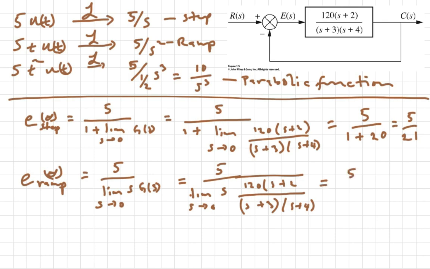This will give us 5 over 0, as s tends to 0 this whole thing becomes 0, and so this is infinity, which implies an infinite output. So for the step we have a finite steady state, and here we have an infinite steady state.